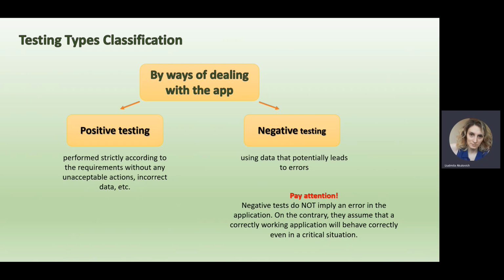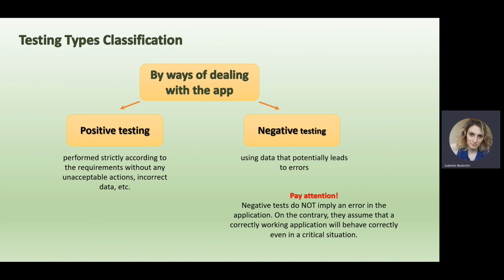And please note that the main idea of negative testing is not to imply an error. The idea, on the contrary, is to verify that the application behaves correctly in such a situation. For example, it will inform the user that he is using invalid data, or that his password cannot be validated, and so on.